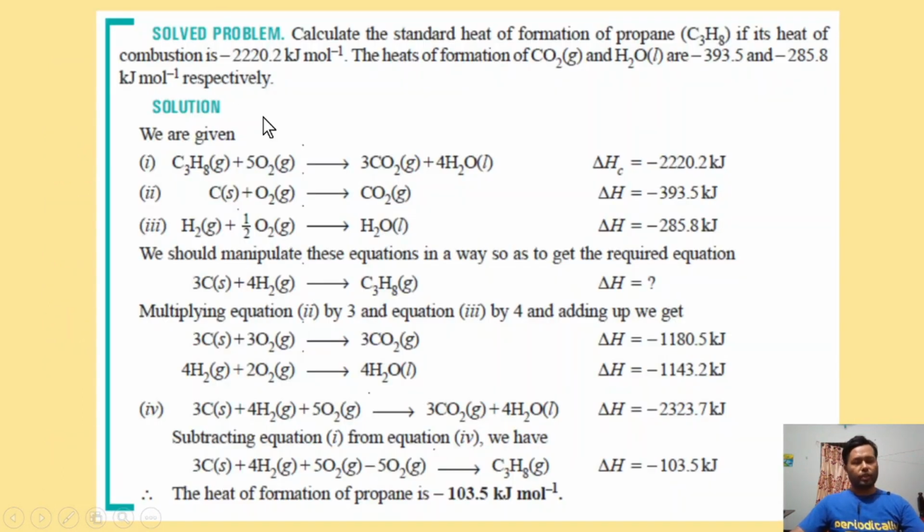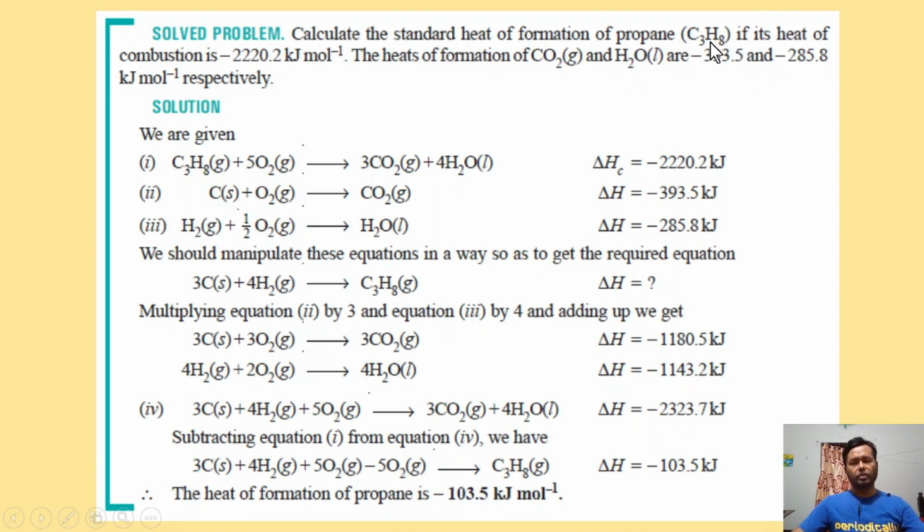Now we are going to have a mathematical problem: how we can estimate the heat of formation from the heat of combustion. Here you can see the problem, calculate the standard heat of formation of propane. That means we have to find out the heat of formation, as already mentioned in the previous slide, that we can use heat of combustion to estimate the heat of formation of any compound.